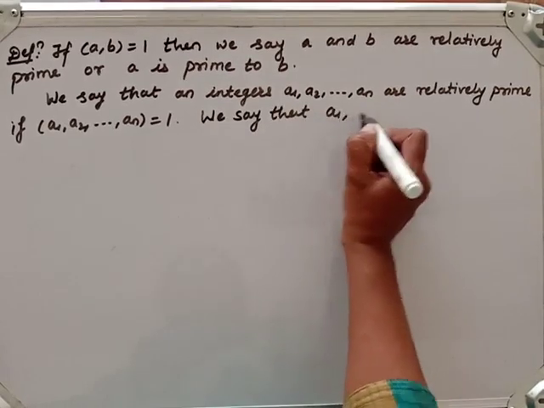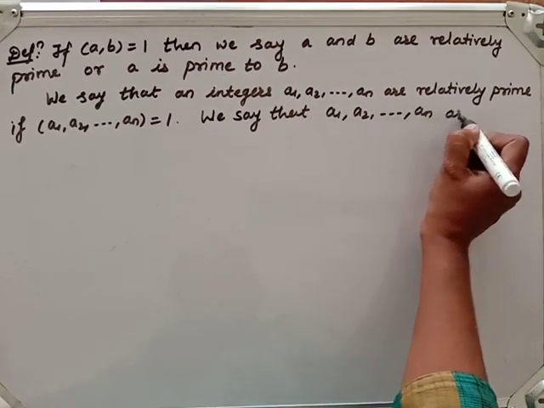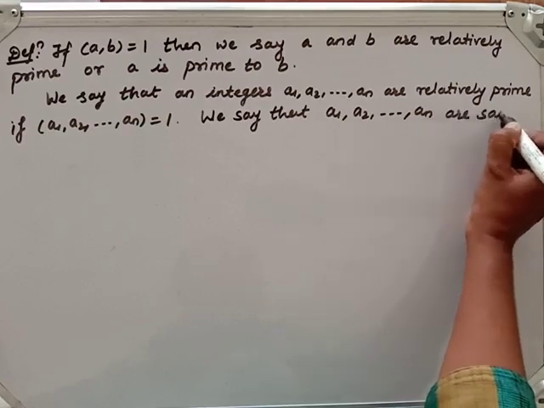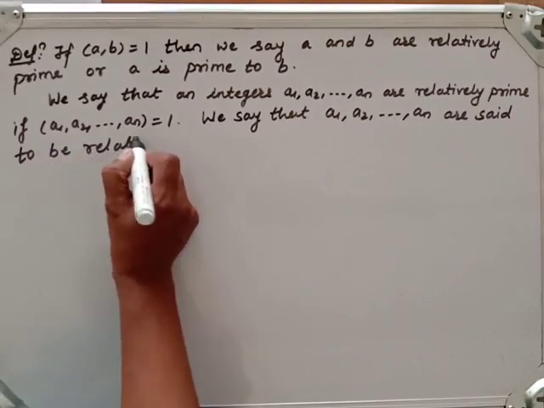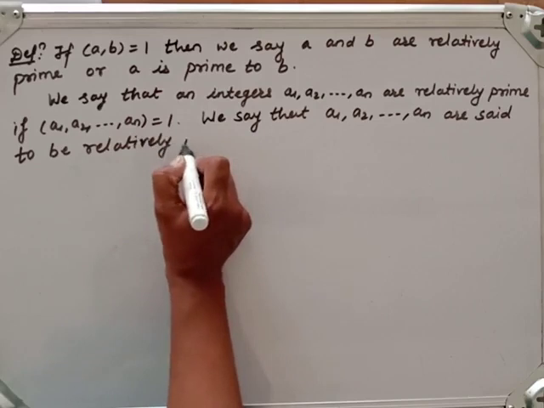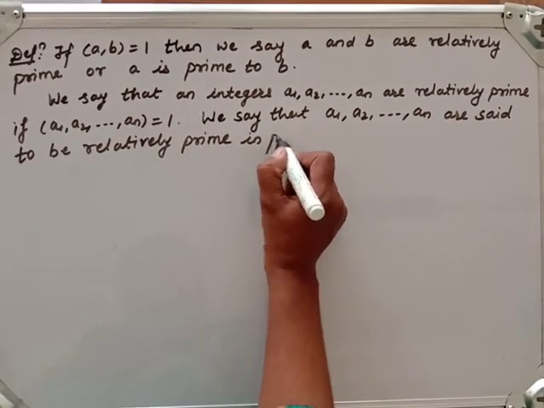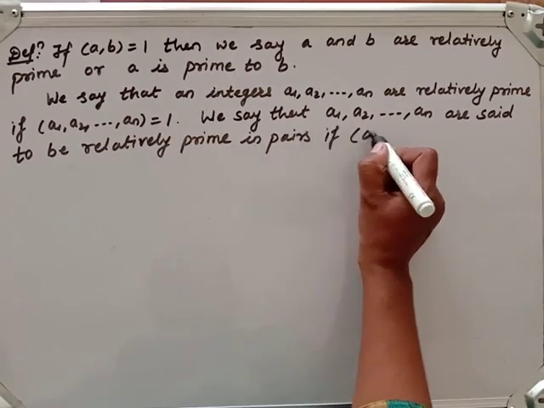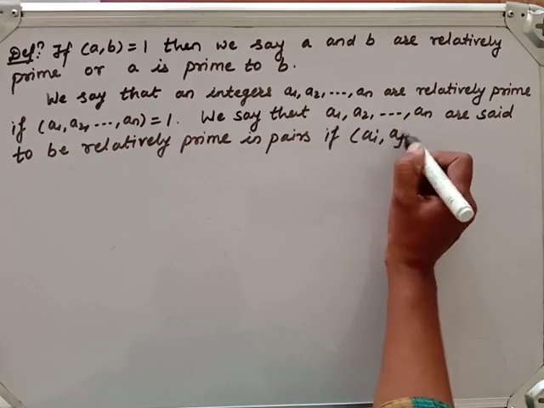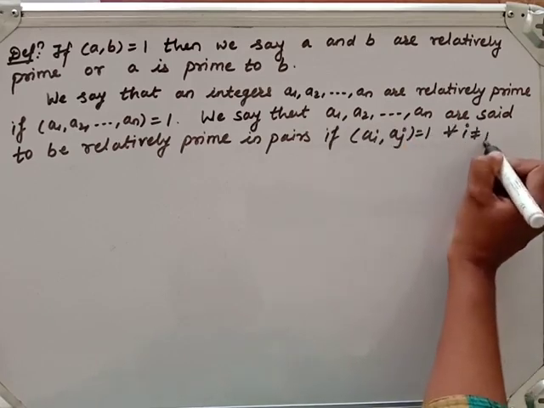Also we can say that a1, a2 and so on up to an are said to be relatively prime in pairs if the GCD of ai and aj is 1 for all i not equal to j.